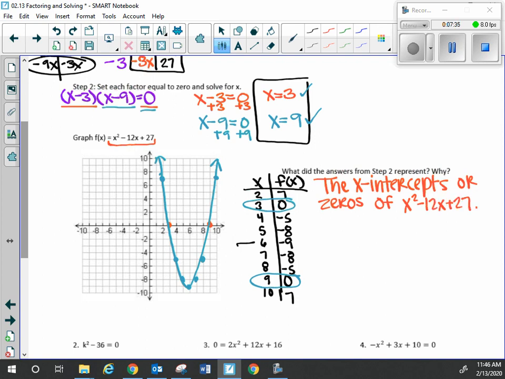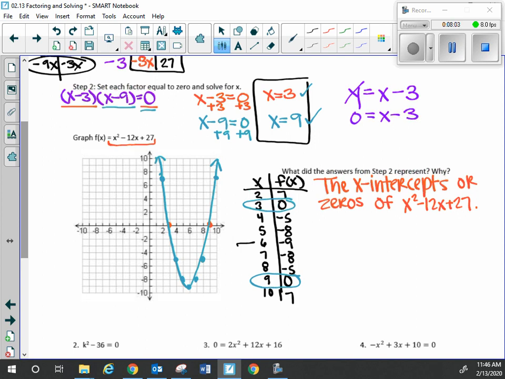Why? Because it's set to 0. Very good. If I have a linear function, y equals x minus 3, when we did linear functions, how did you find the x-intercepts or zeros of those? You replaced y with 0.